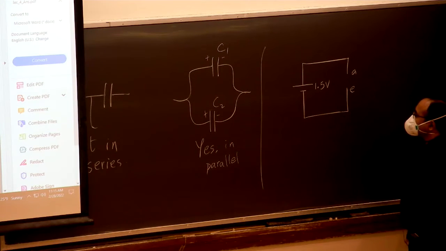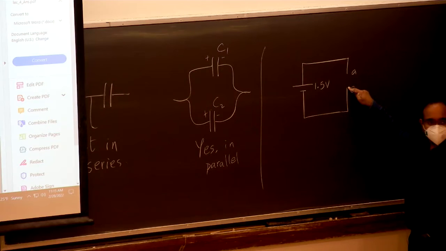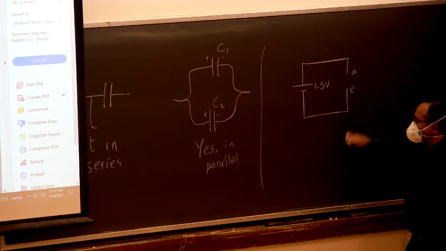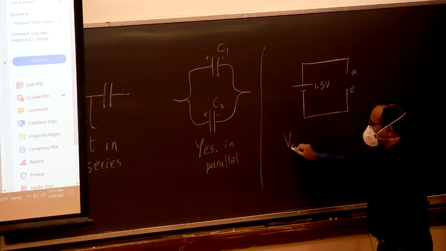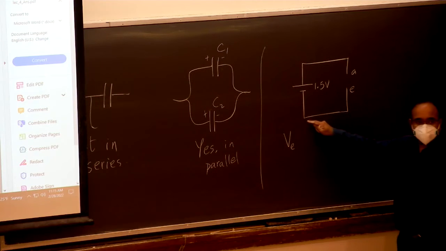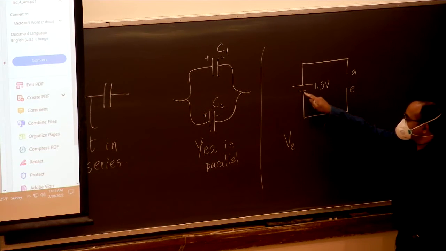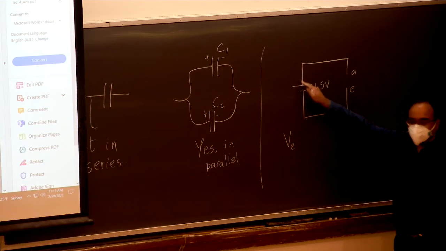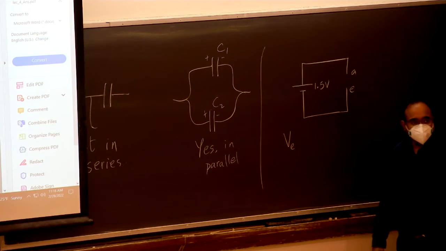So what we're going to do is take a walk on the circuit. If I start at point E, I start at some potential VE. Right now I'm just going across wire, nothing changes. Now I cross the battery. I'm crossing it from negative to positive. So will I lose or gain voltage?